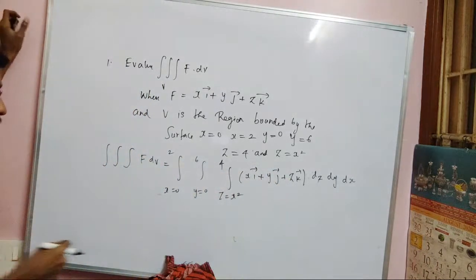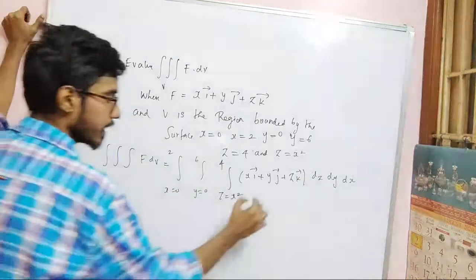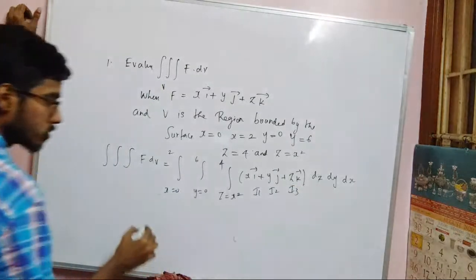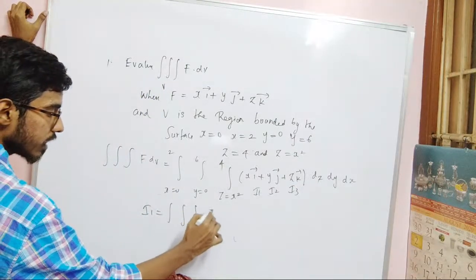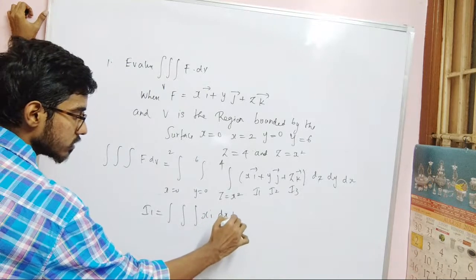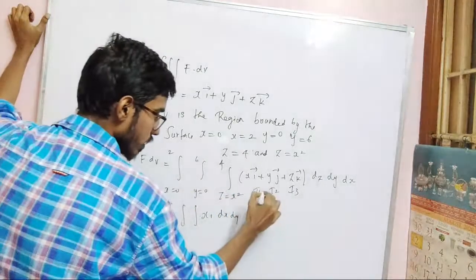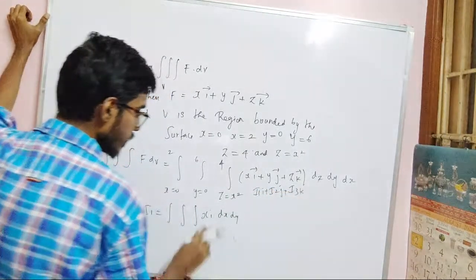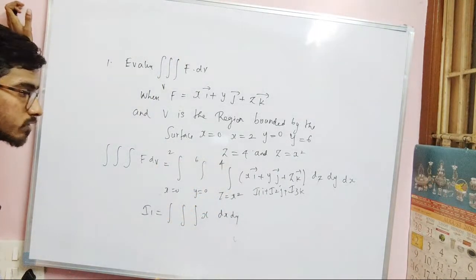What we will do is split this into I1, I2 and I3. We will write this as I1 i plus I2 j plus I3 k. Just find I1, I2, I3 and then substitute there.